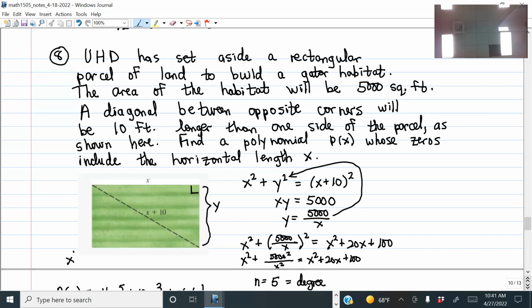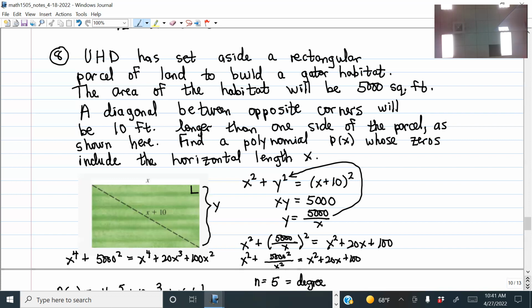So when you do that, you get x to the 4th power, and here the x squareds divide out, so that would be 5,000 squared, equal to x to the 4th power plus 20x cubed plus 100x squared. That is a polynomial, okay? See, that only has x raised to whole number powers.